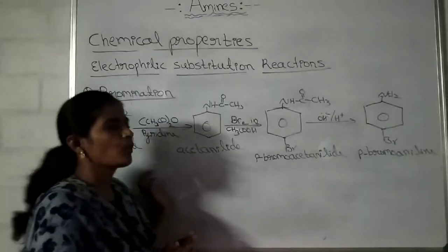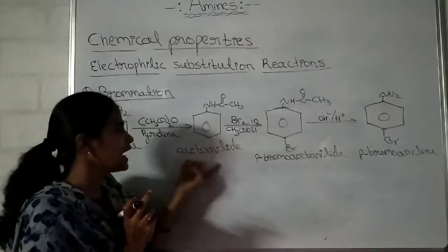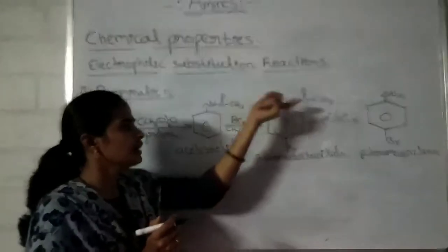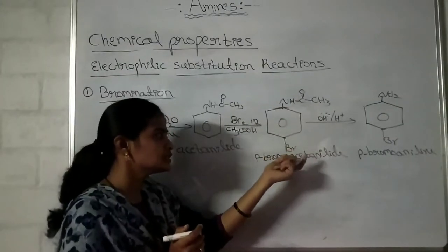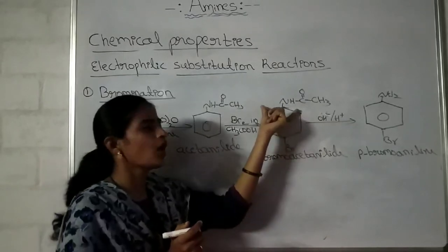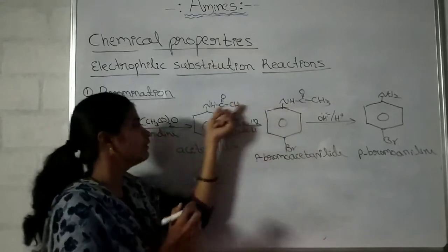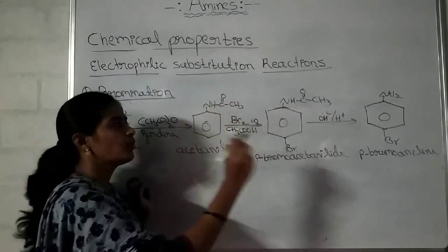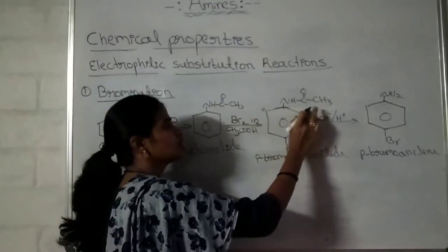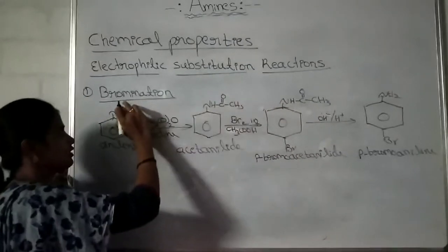But now the question arises: when acetanilide is formed, the attack of Br took place only at the para position but not at the ortho position. We have blocked it. Then how can this group block both the ortho positions? See what happens: whenever NH2 was there, Br would have attacked here as well as here.